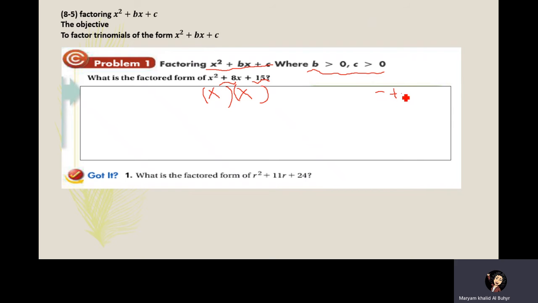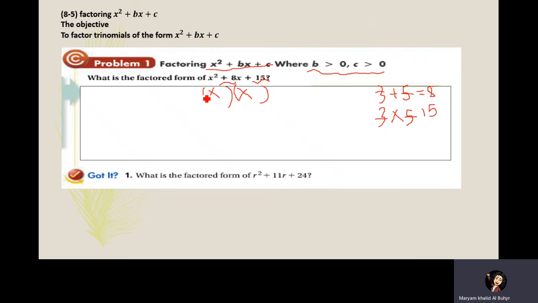All right. So what are these two numbers? If I add them, I will get 8. If I multiply them, I will get 15. So I can think about 3 and 5 immediately, because these numbers are easy. 3 times 5 is 15, and 3 plus 5 is 8.